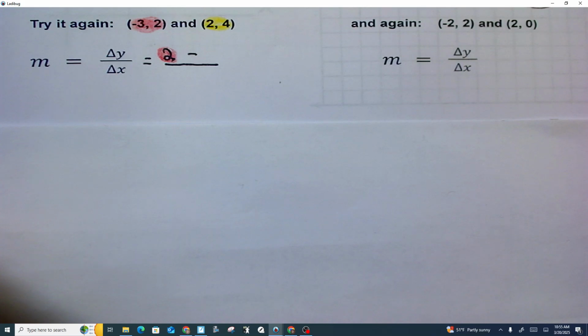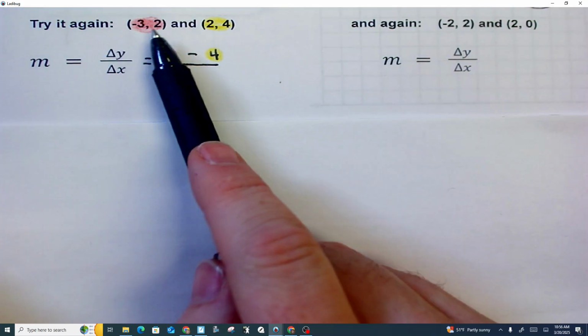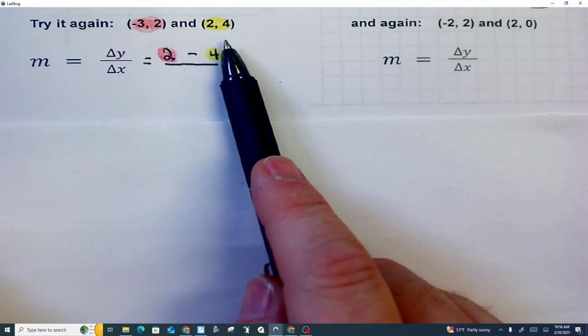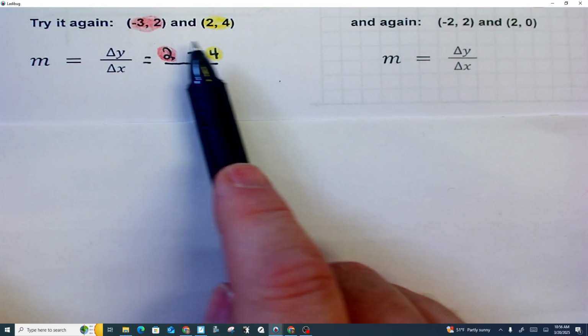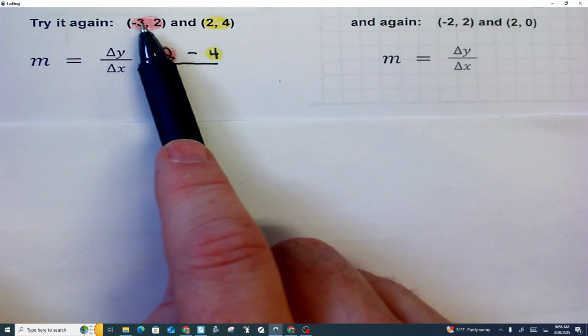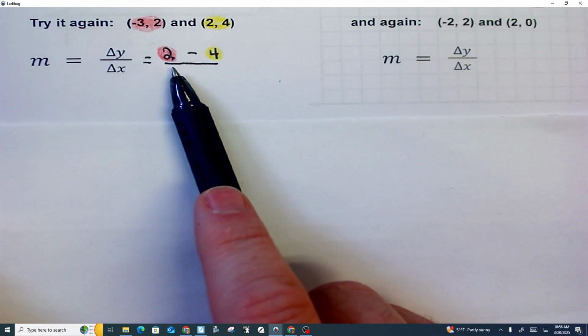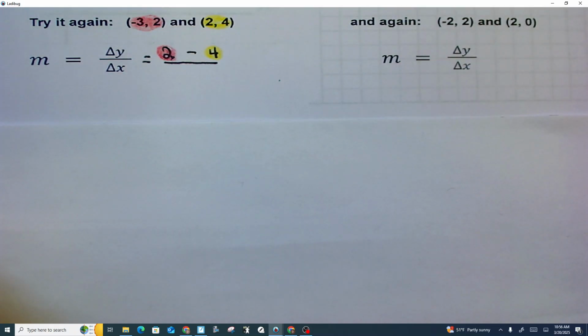So you can see I stole the first y and I stole the second y. But since I stole this y first, I've got to steal this x, and that x is going to sit right down here in the bottom.